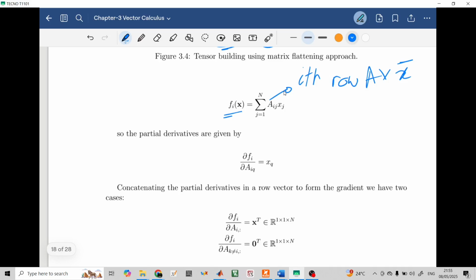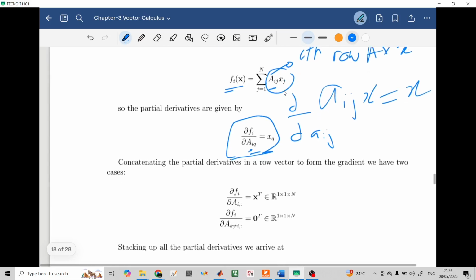So if we want to take the derivative with respect to the elements of A, the aij's are constants. When you take the derivative of, let's say, 2x with respect to x, it is 2. So this is aij, and you want to take the derivative with respect to aij. What is the derivative? It is x, right? So it's the same thing here.